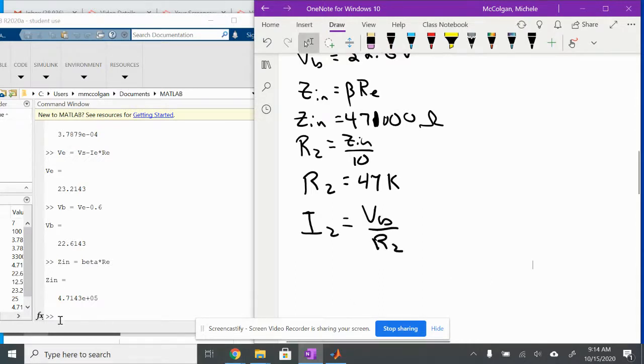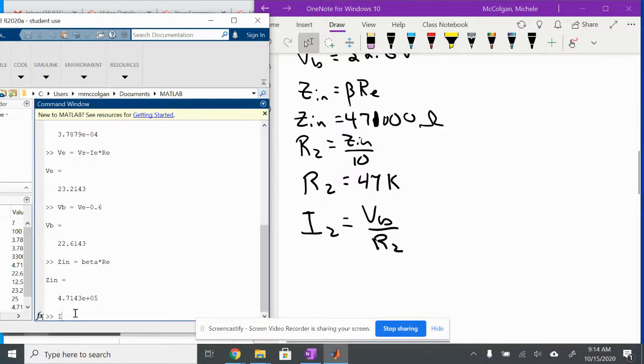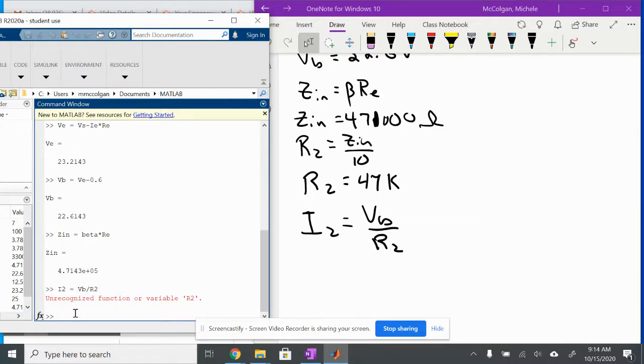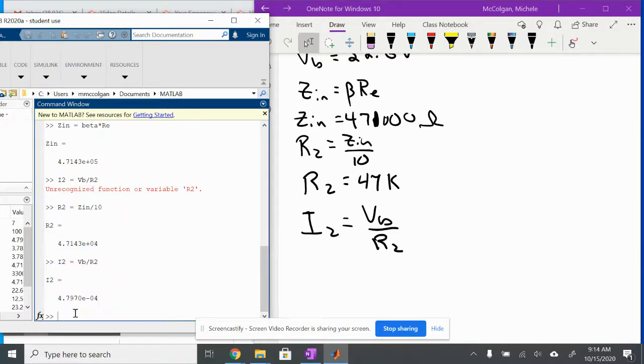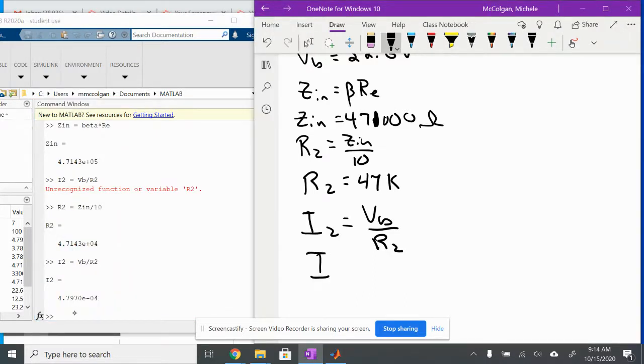And so we have I2 is equal to VB divided by R2. Right, so we forgot, R2 is equal to Z in divided by 10. Now I can run that again just by doing up arrow, and I get I2 is equal to 0.48 milliamps.